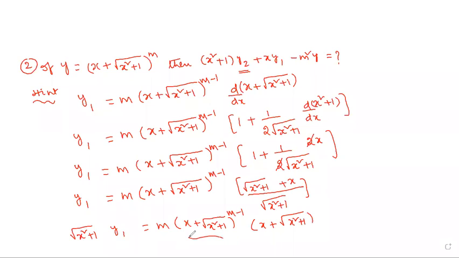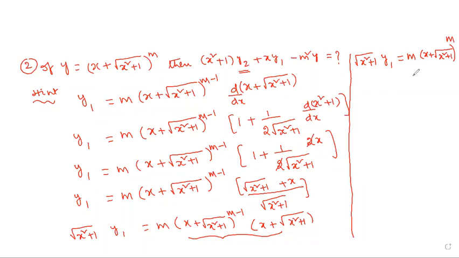Bases are equal, we should add the powers. Root over x square plus 1 into y1 is equal to m into (x plus root over x square plus 1), bases added, then it will become power m.